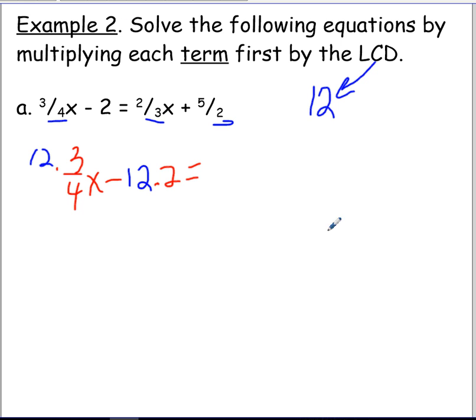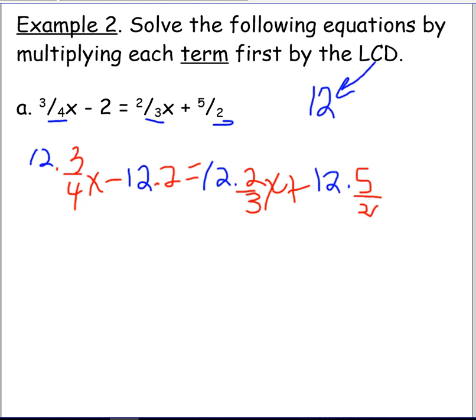So on the right-hand side, 12 has to get multiplied to the 2/3 x. And the 5/2. So instead of writing it on one side with parentheses to distribute that way, I like to write it next to each individual piece because then it helps me with my math. And I'll show you what I mean in just a second.